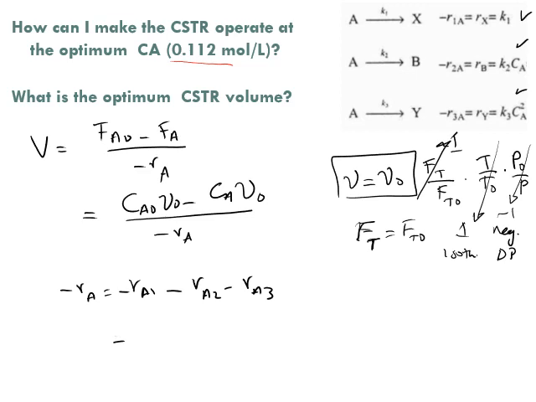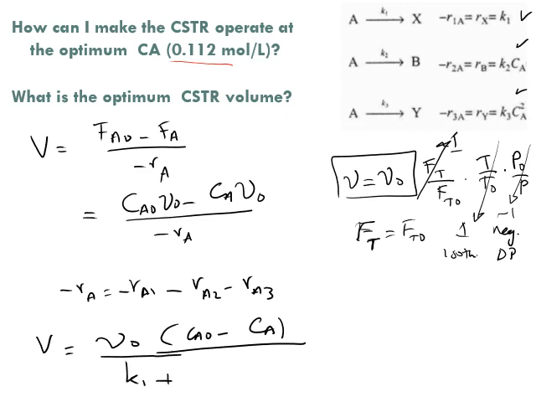V equals epsilon naught, CA naught, which is given as 0.4, minus CA, which is the optimum CA which I found, over minus RA, which we said is simply K1 plus K2 CA plus K3 CA squared.